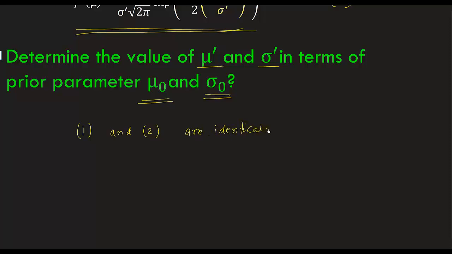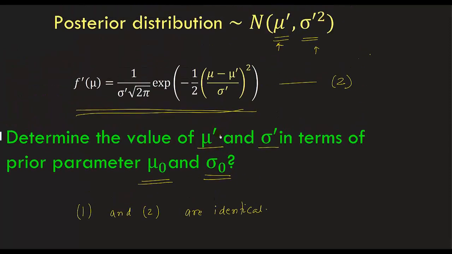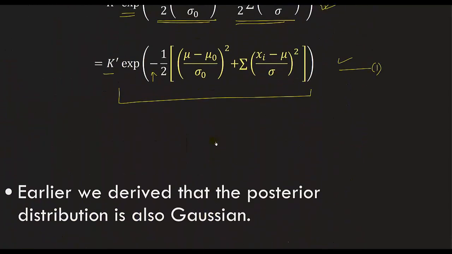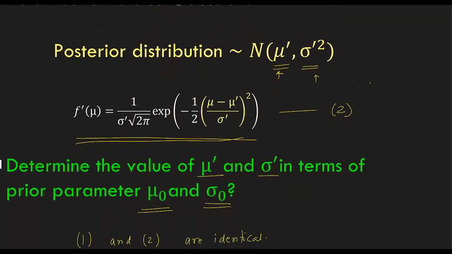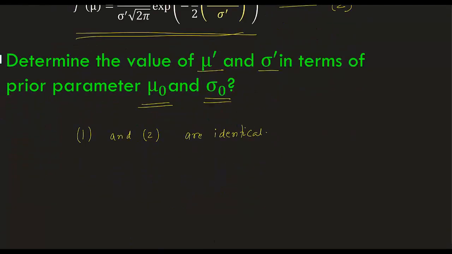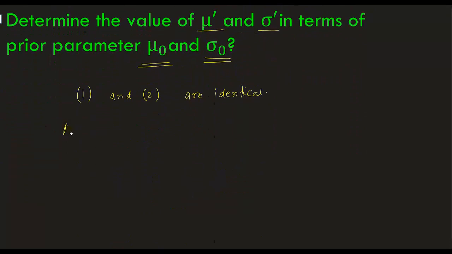Basically we will expand and then try to equate some of the coefficients. So let's say this term that is inside, we will try to expand this term. Let's call this term a. So we can expand a and then equate with equation 2.